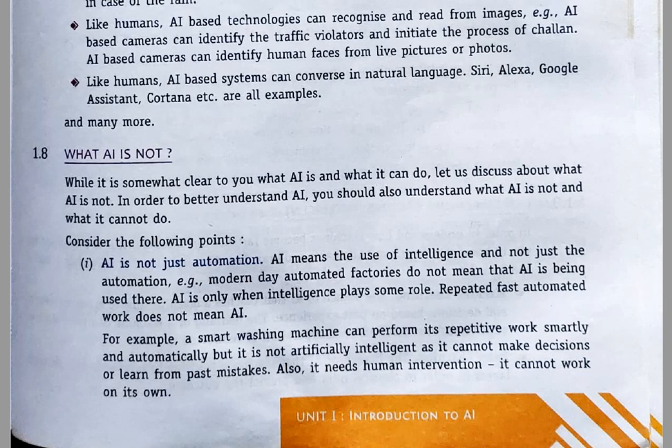For example, a smart washing machine can perform its repetitive work smartly and automatically. But it is not artificially intelligent as it cannot make decisions or learn from past mistakes, and it also needs human intervention. So AI is not just automation, it has to be intelligence.